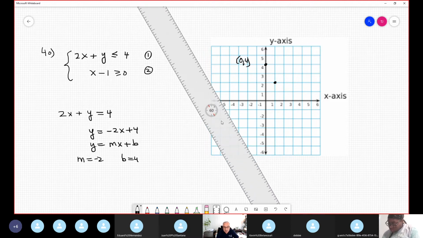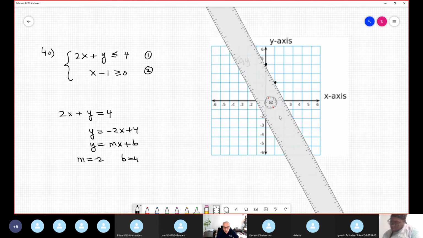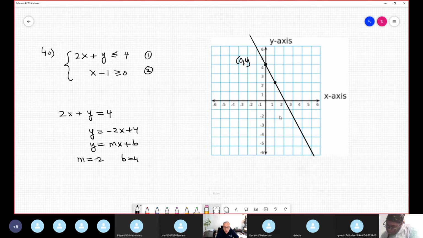This line splits the plane xy into semi-planes. So I don't know if the solution lies in the right part or in the left part.